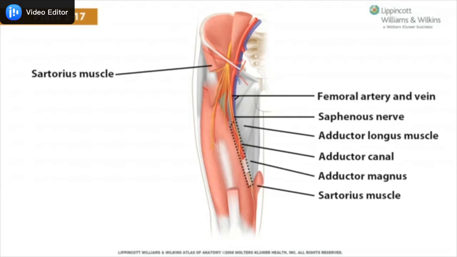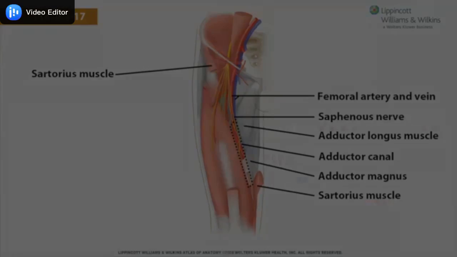Instead, it pierces the deep fascia and runs in the superficial fascia of the leg to innervate skin. The femoral vessels, upon crossing the adductor hiatus, enter the popliteal fossa and experience an exciting name change that will be detailed in the solid anatomy lecture on the knee.